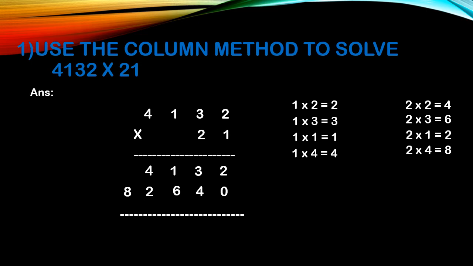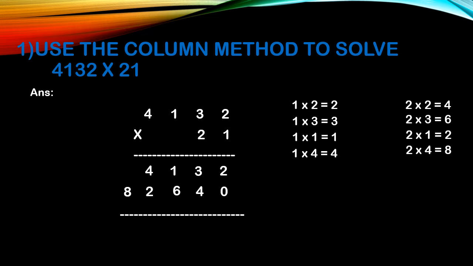So the first step we have followed: the number with more digits is written on the top and the number with fewer digits is written on the bottom. Then we multiply the ones digit by each digit of the 4-digit number. Then the third step, we have to add 1 0 in the ones column.